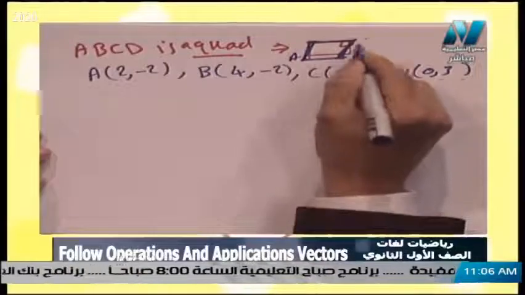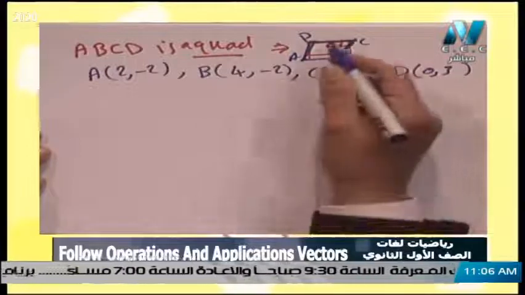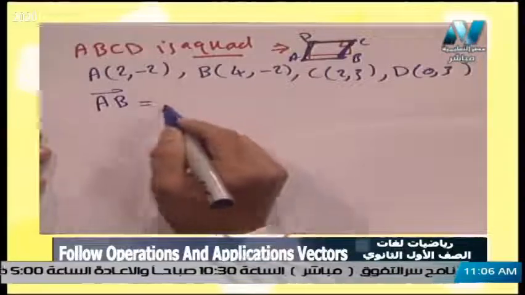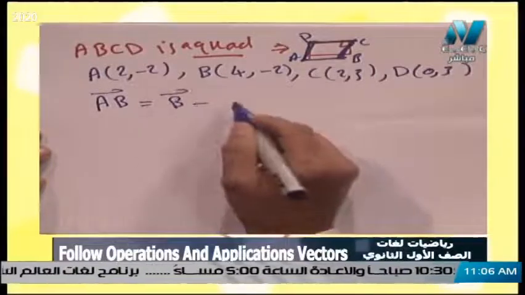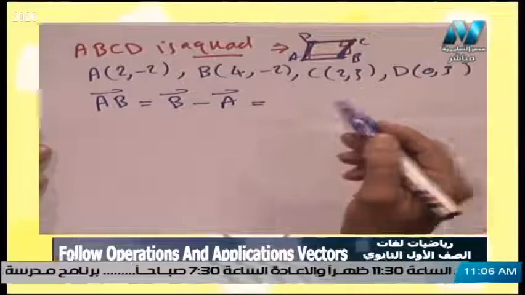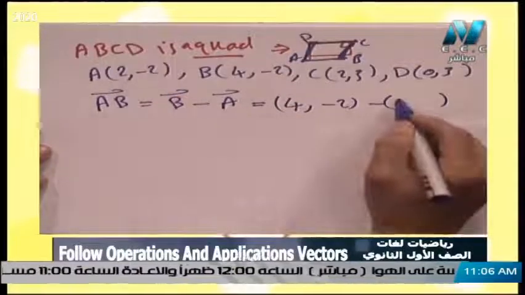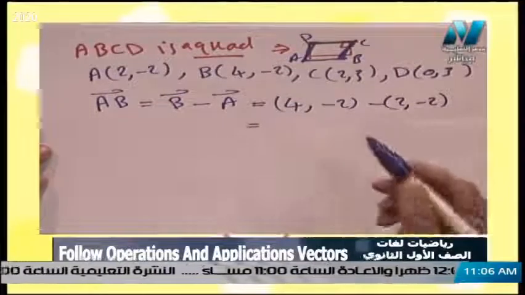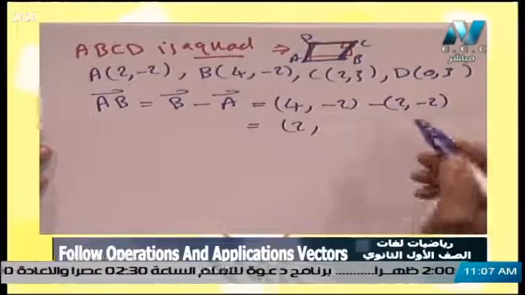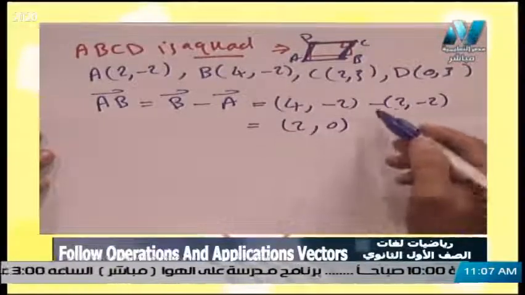Here ABCD is a quad, and we would like to prove that ABCD is a parallelogram. We just say that the vector AB equals the vector B minus the vector A. B minus A here will be 4 and negative 2 minus A, which is 2 and negative 2. 4 minus 2 will be 2.